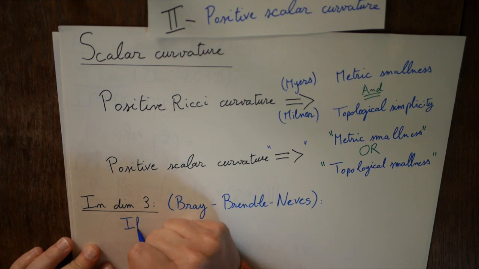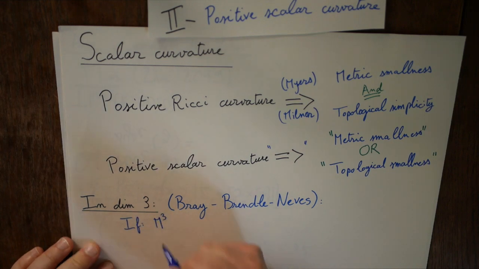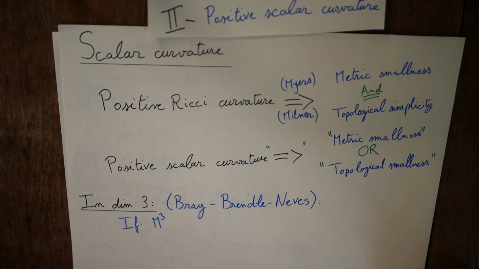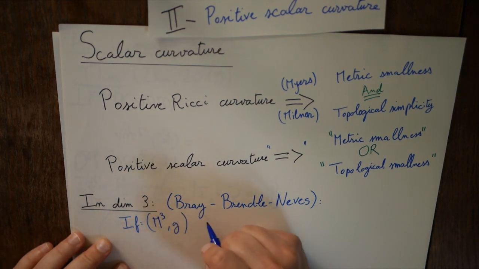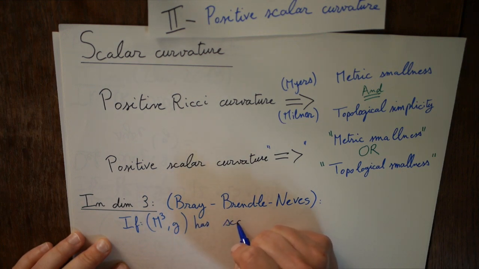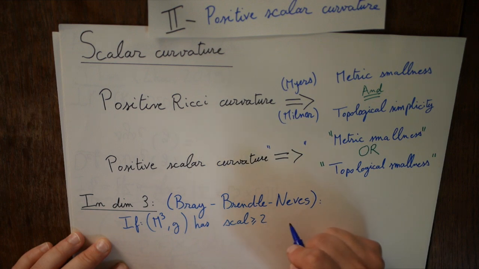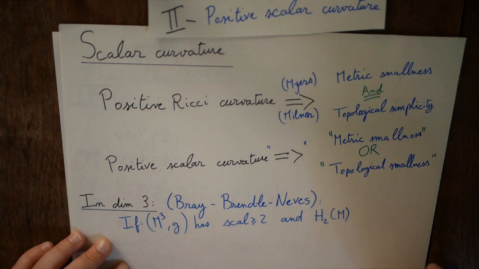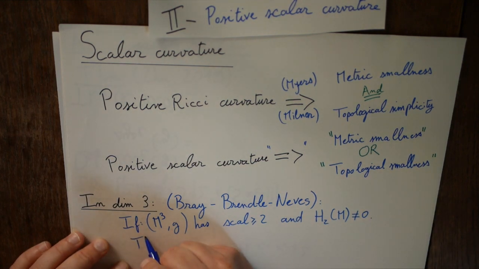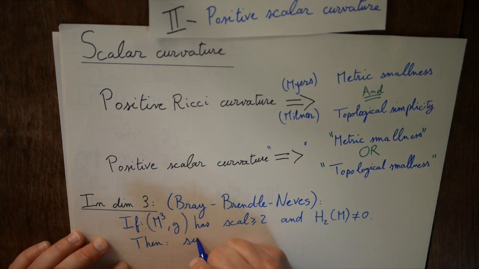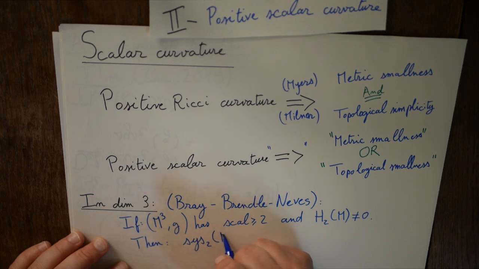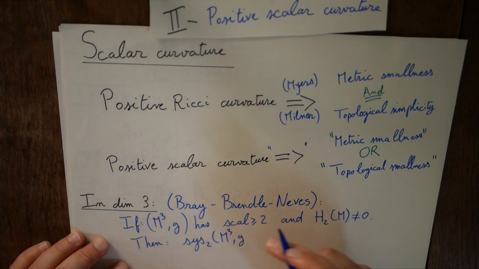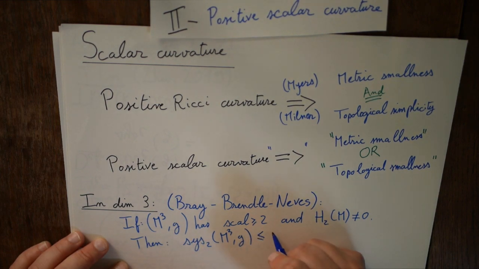So if a three manifold has scalar curvature greater than 2 and second homology group non-zero, then the two systole of that 3 manifold is at most 4 pi.